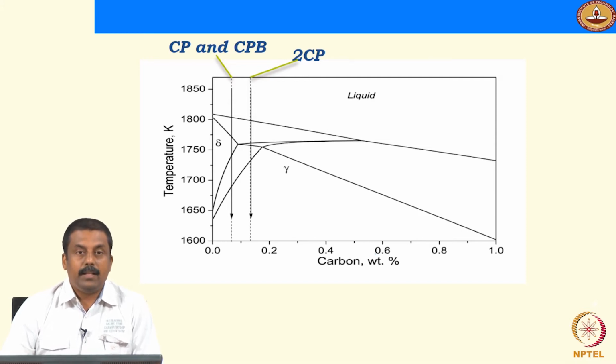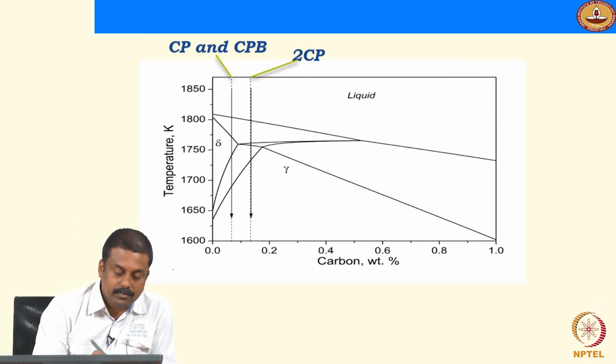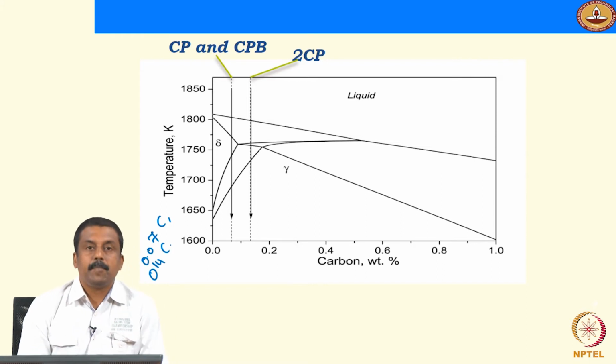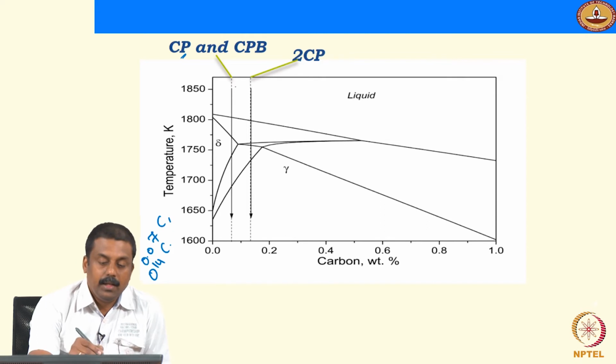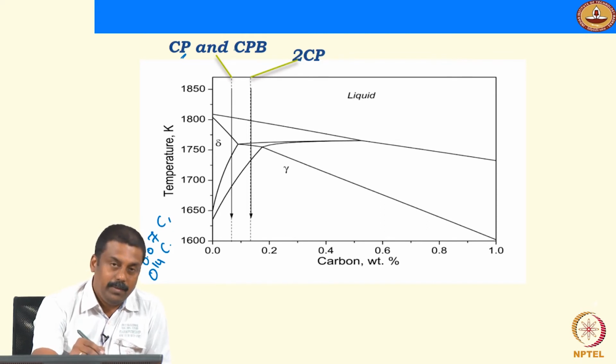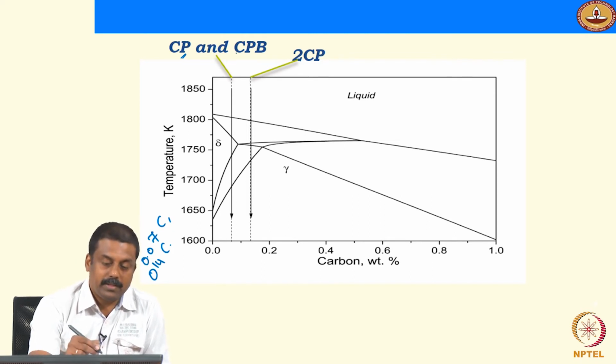If you look at the example I showed you, the 3 chemistries have 2 carbon concentrations: one is 0.07, the other one is 0.14. For the steel CP, if you look at the solidification sequence, of course you have inclusions already formed, so that goes without saying.